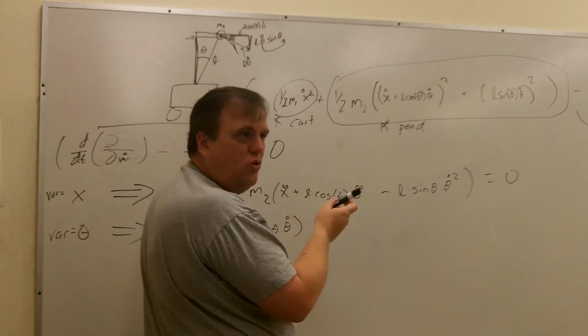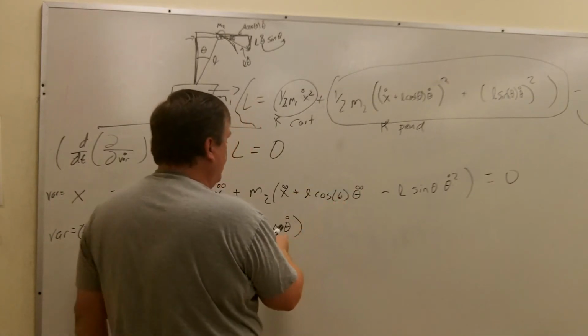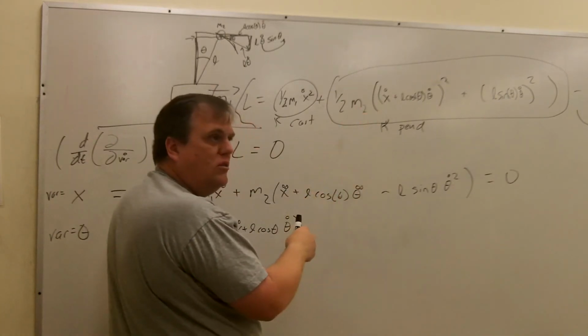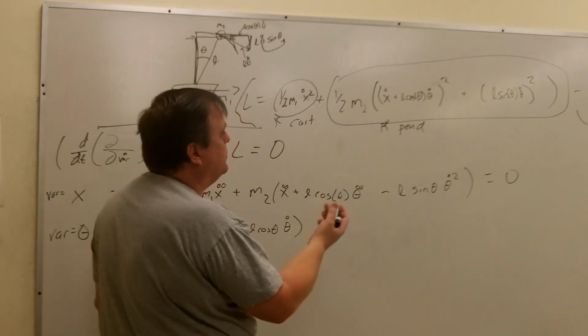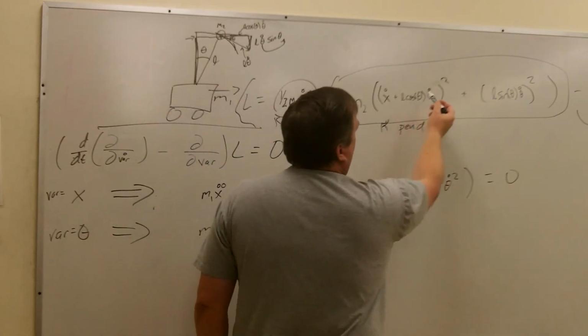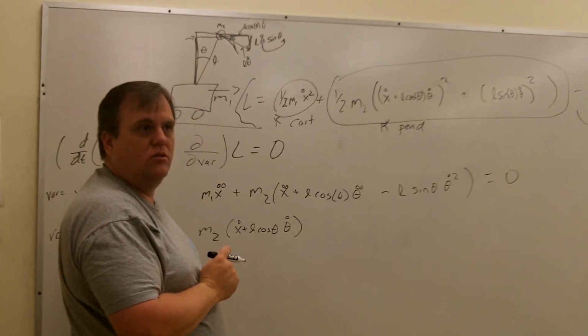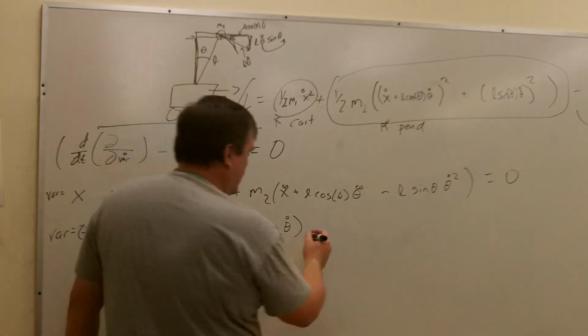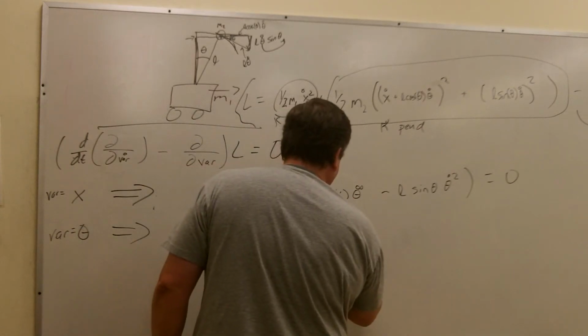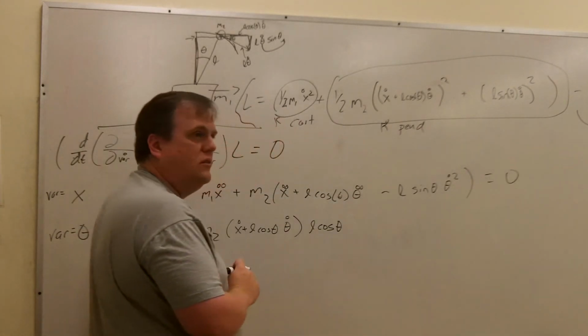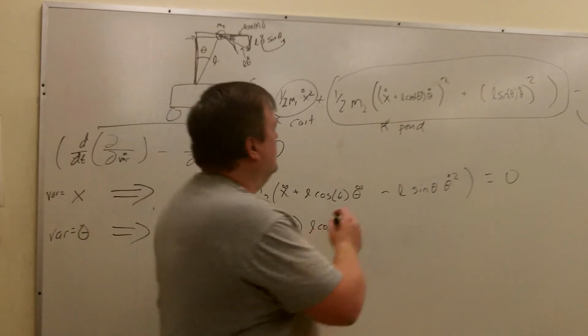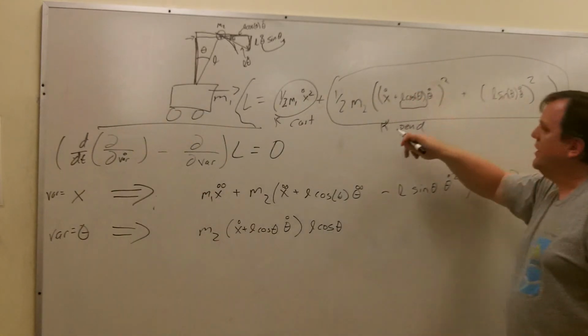That's composition rule, because I just took the derivative with respect to the square. Now I've got to take it with respect to what's inside the square, which will just be L cos theta. Yeah, that's the coefficient of theta dot, because that's just this part here.